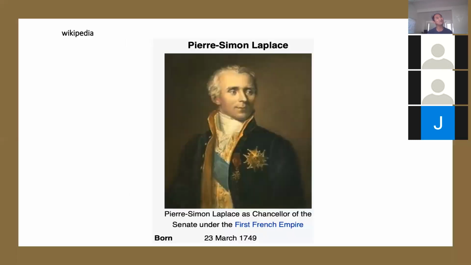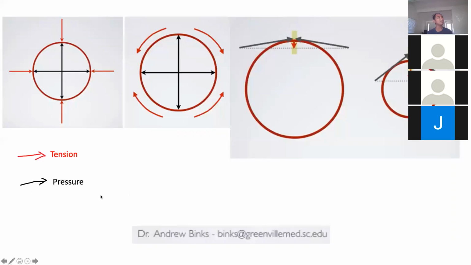So who is Laplace? This is the French scientist. Andrew Brinks, I think from Virginia Tech University, explained it really well.